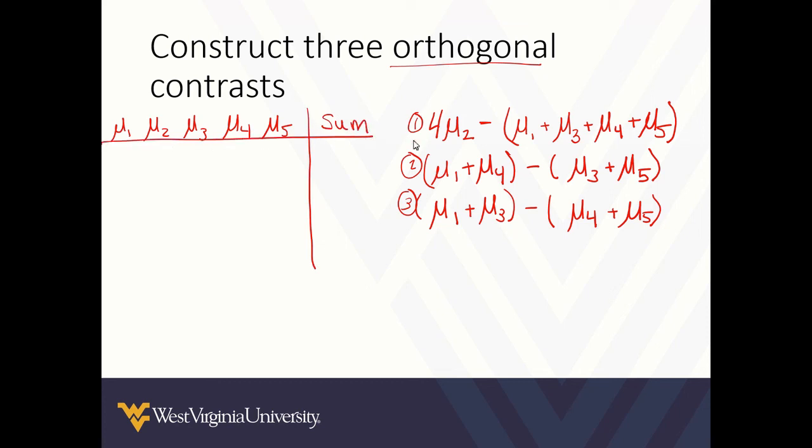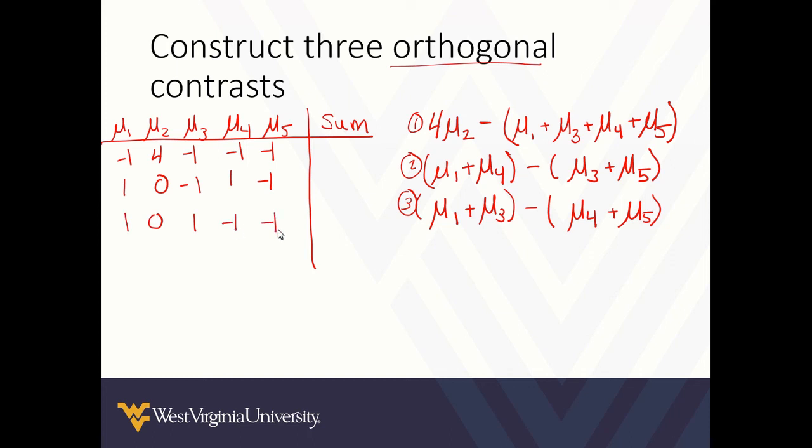And so to start, I'm going to write out our coefficients for our first contrast. So this would be 4 to lots of negative 1s. Second one, 1, 1 for mu1 and mu4, negative 1 for mu3 and mu5, and a 0 for mu2. And then for the last one, we would have 1, 0, 1, negative 1, negative 1.